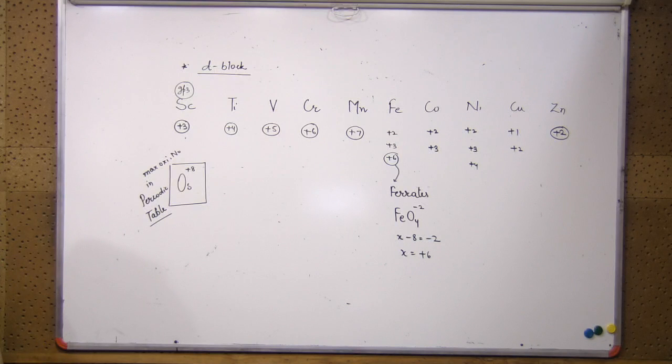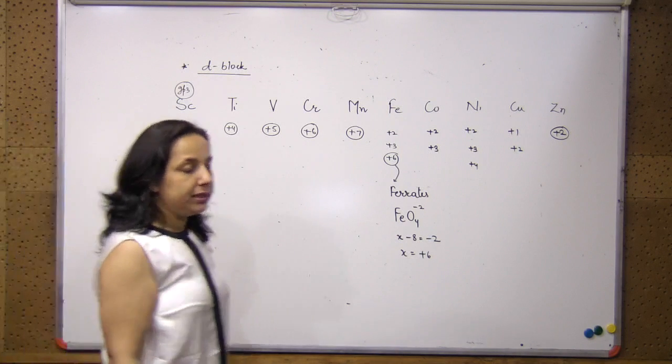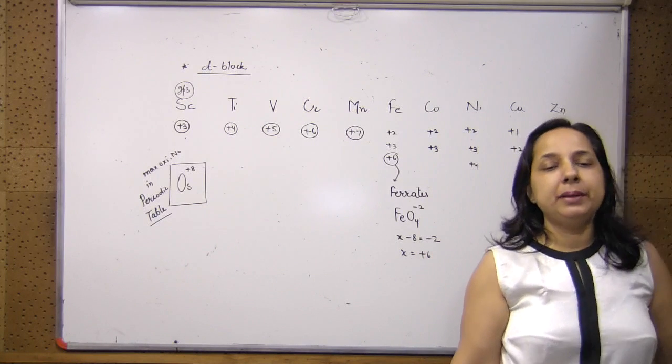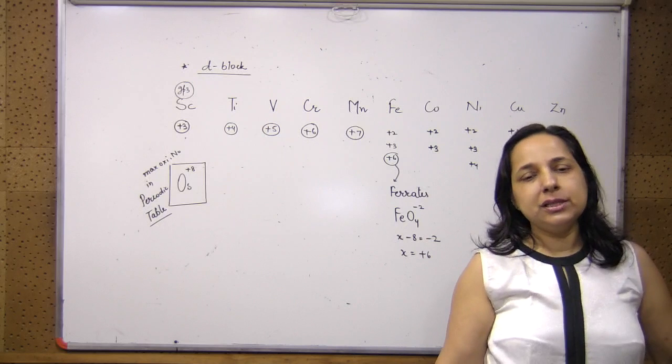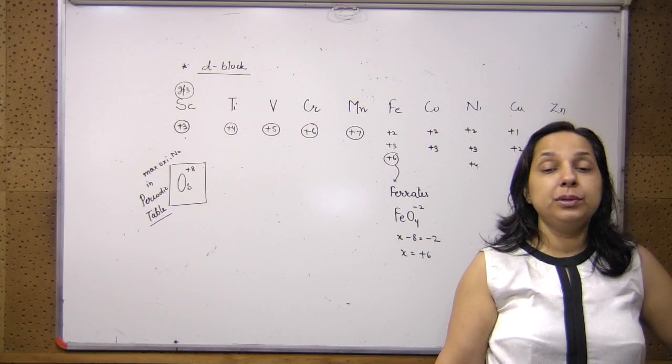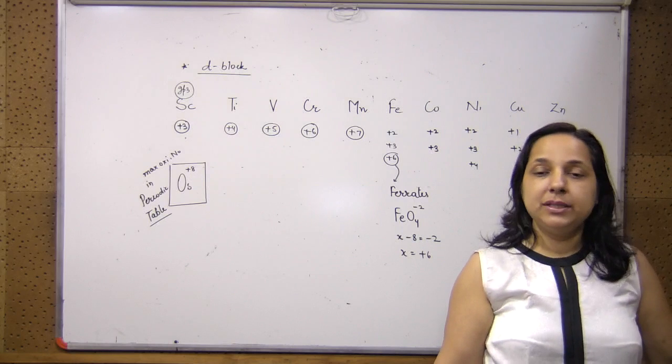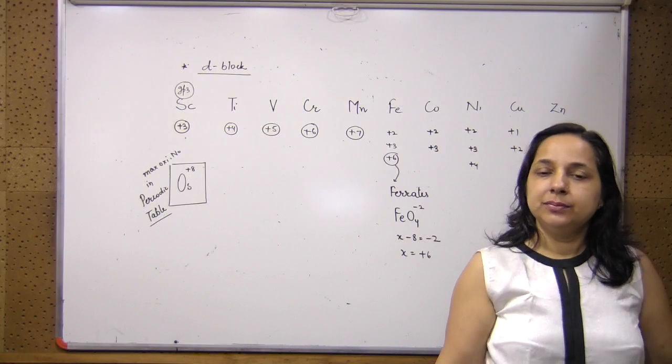For osmium, +8 is the only maximum possibility. It means for any element other than this, if it comes out to be +8, your calculations are wrong. You have to be aware of the fact that +8 is possible only for osmium.